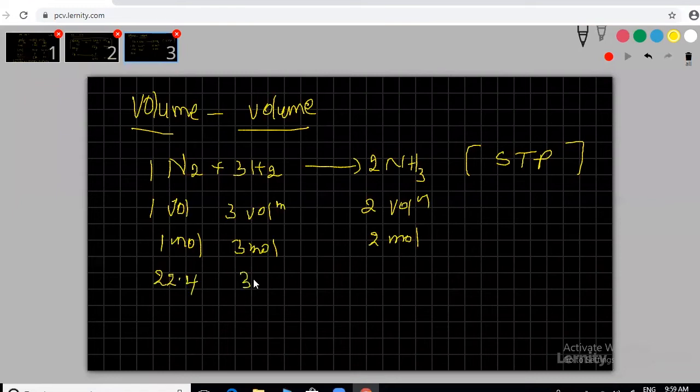This is 3 into 22.4 liters, and in place of 2 volume I am writing 2 into 22.4 liters. This is the basic definition. Clear? Please note this down. We can solve a numerical problem.